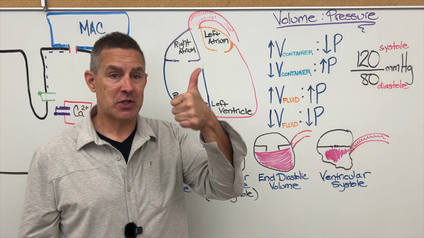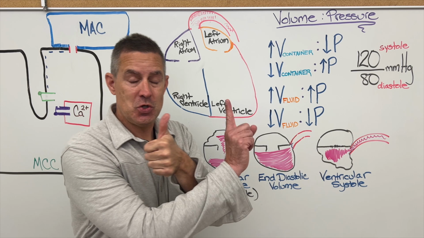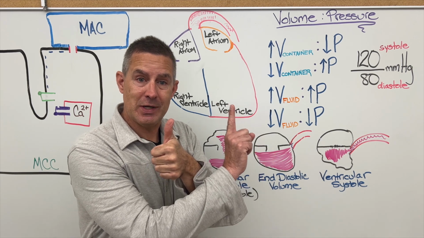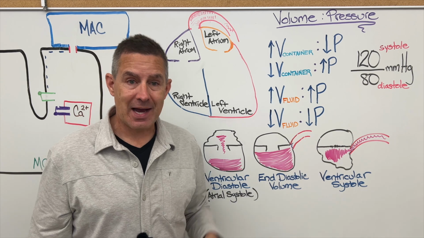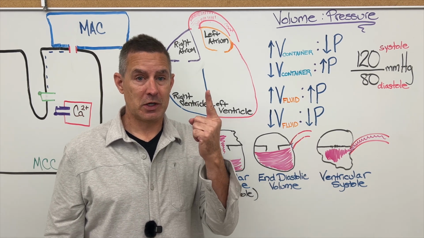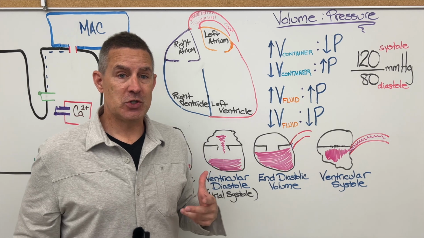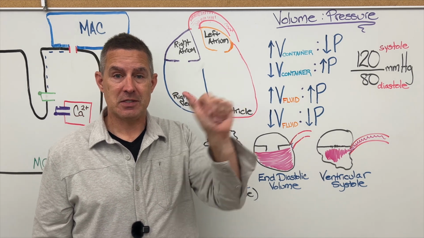One, by an increase in fluid volume. Increase in fluid volume corresponds to an increase in pressure, and then a decrease in size of the container. The volume of the left ventricle is also going to increase pressure. So pressure is increased two ways: increased fluid volume and decreased size of the container.